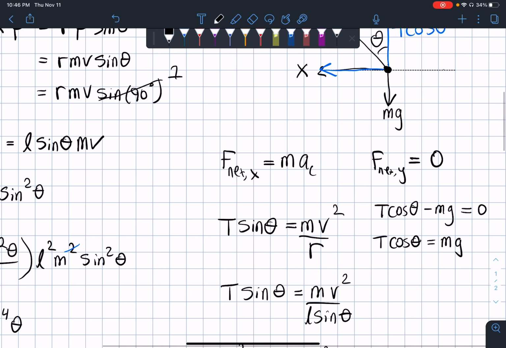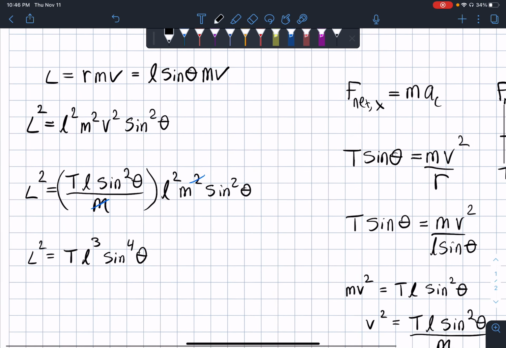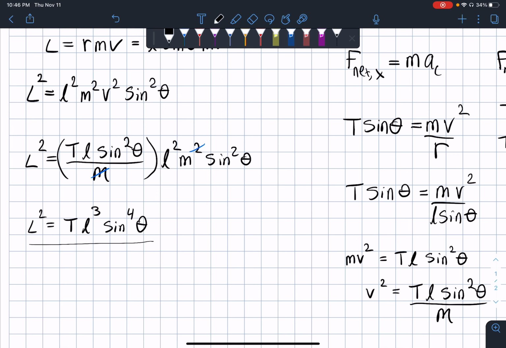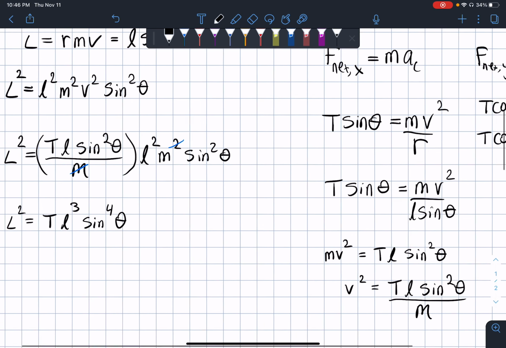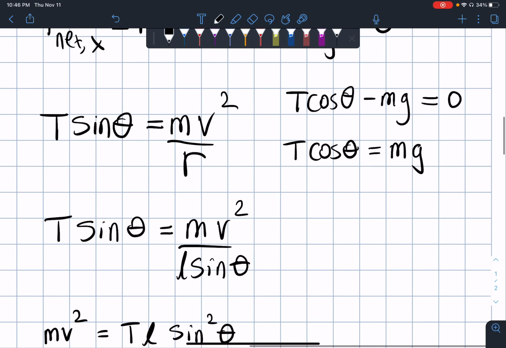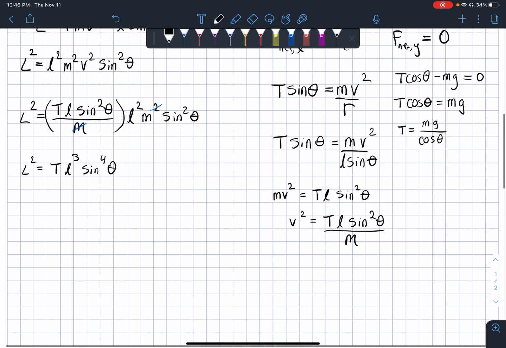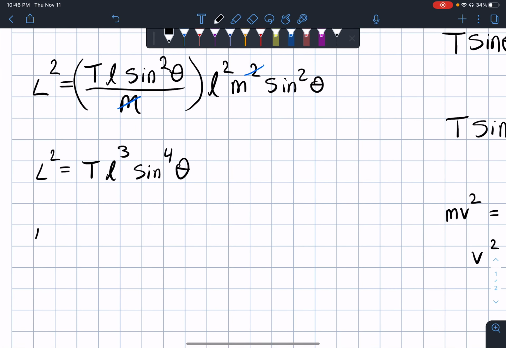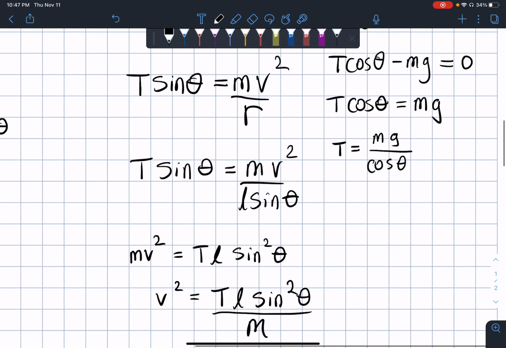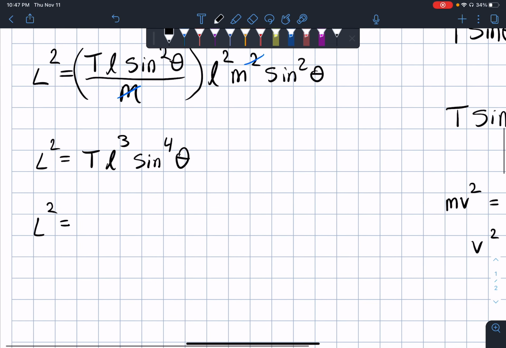Well, now we have a way to substitute, or we can solve this for T, substitute that in here, and then no more T's will be left. So I can say that T equals mg over cosine theta. Okay, so now over here, L squared equals T, but T actually equals mg over cosine theta.